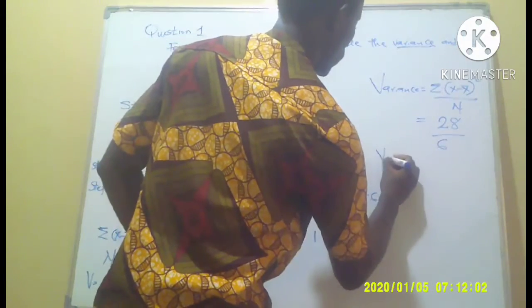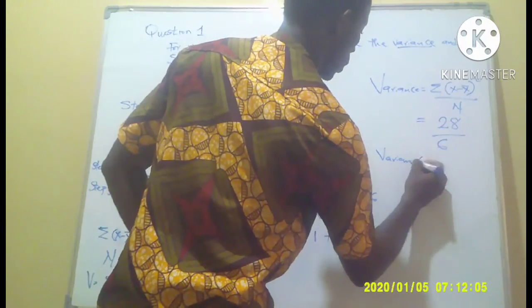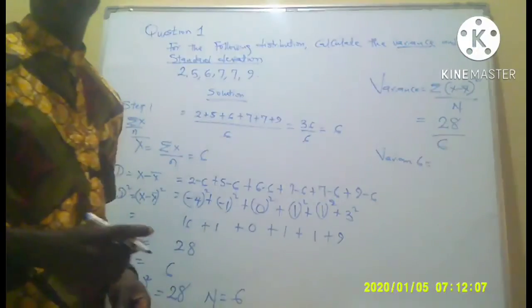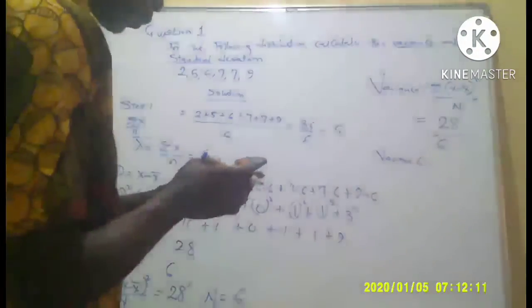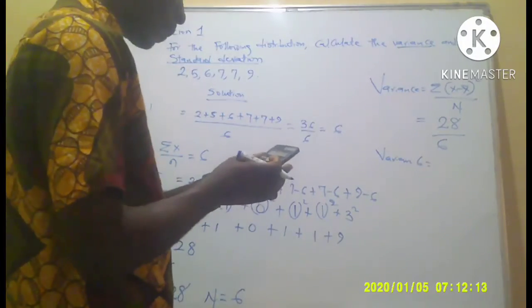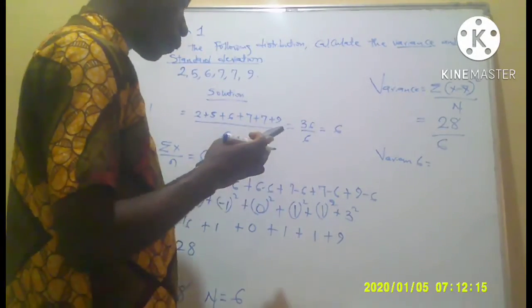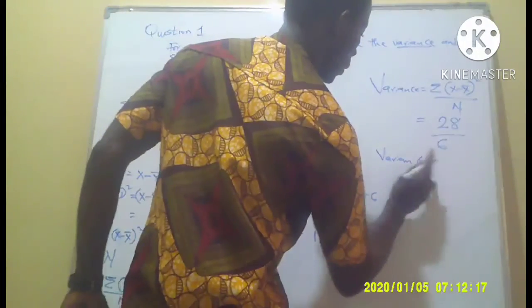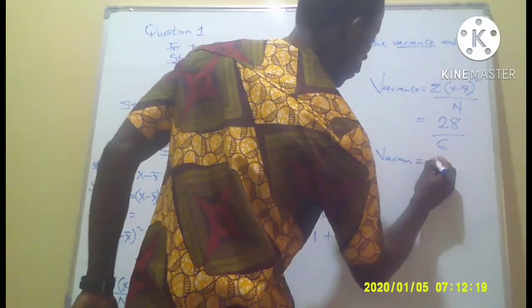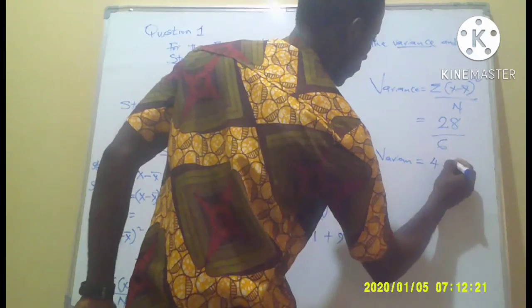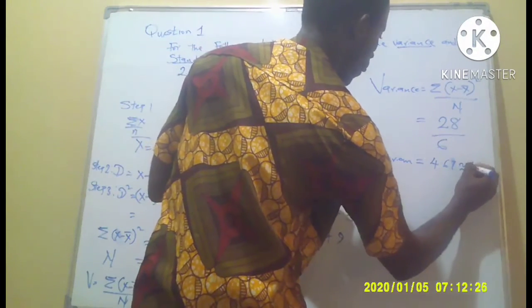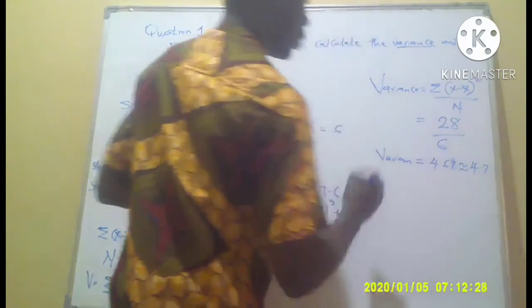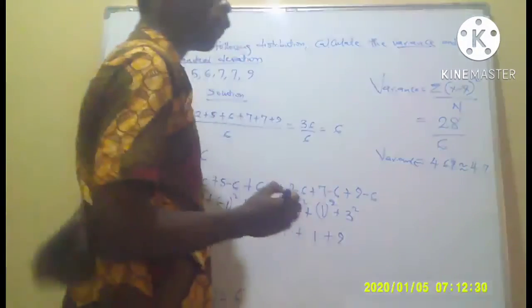So variance is equal to 28 divided by 6, which gives us 4.66, approximately 4.7. So the variance is 4.7.